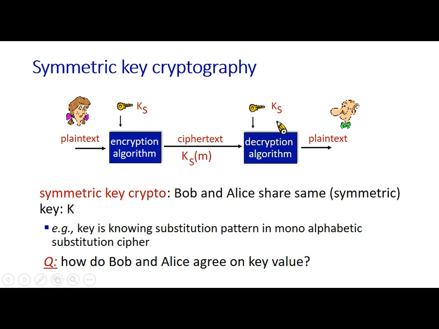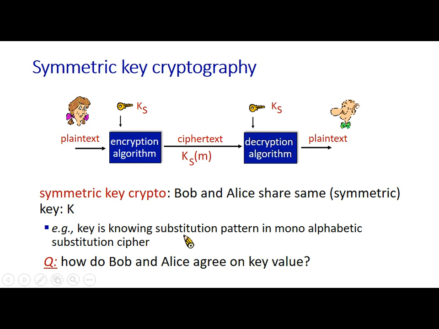That's why we talk about symmetric-key cryptography: it uses the same key K for both. Bob and Alice share the same key, that's why the key is K.